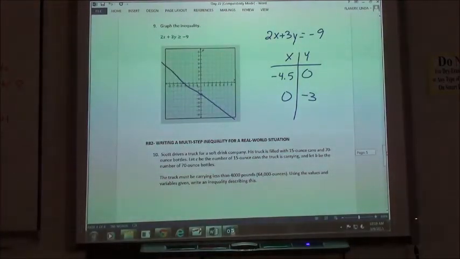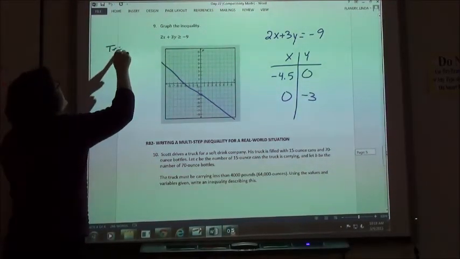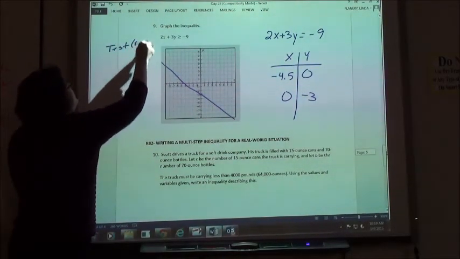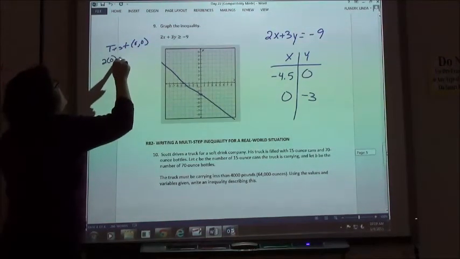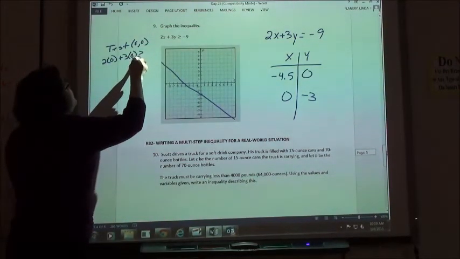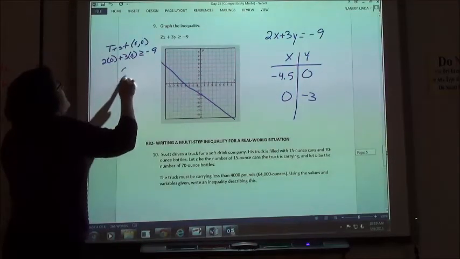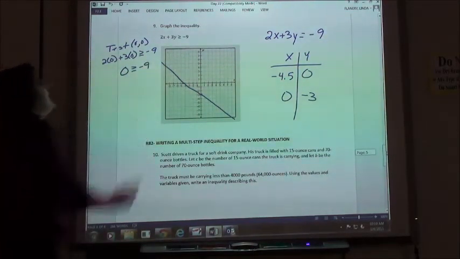And should that line stay solid or should it change to dashed? Solid. It's going to be solid, which we have, and then again we're going to test. If we test 0, 0: 2 times 0 plus 3 times 0, is that greater than or equal to negative 9? Is 0 greater than or equal to a negative 9?